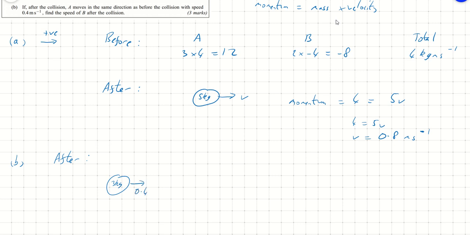And we have to find the speed of B. Well, B has to be moving to the right, because if it was moving to the left, then it would have had to pass through A. So we know B is moving to the right, with a velocity of v, and the mass of B is 2 kilograms.